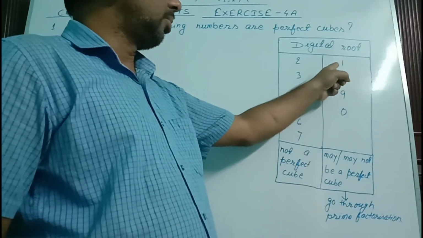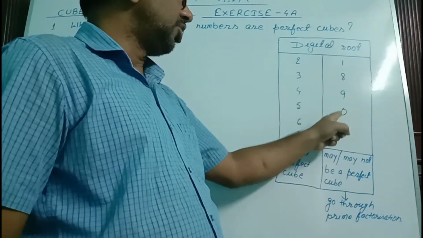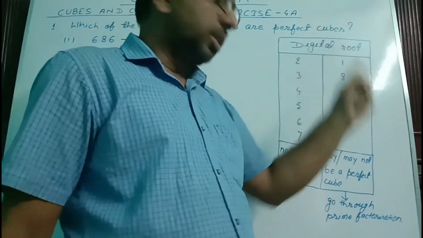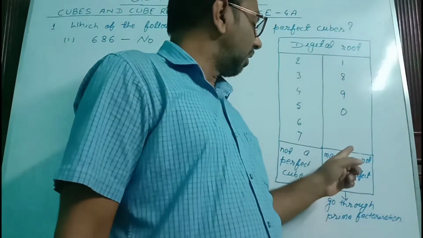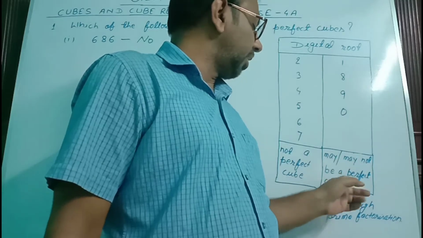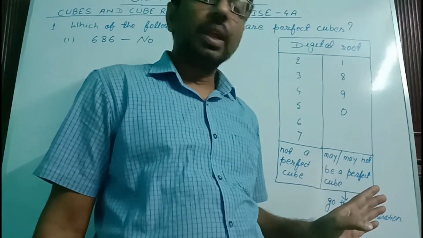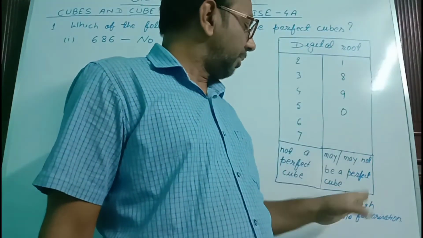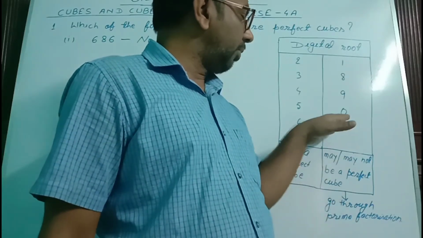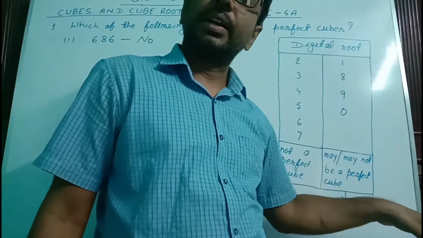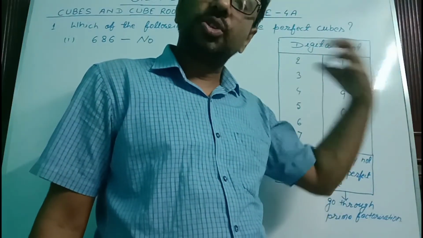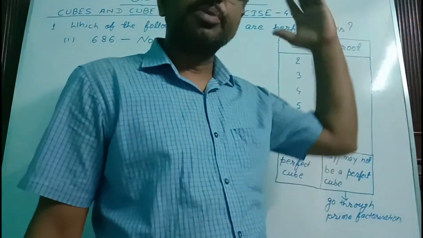But if the digital root is 1, 8, 9, 0, any one among these four, then we can't be sure. The number may or may not be a perfect cube. And if this type of digital root is coming, then we have to go only for those numbers through prime factorization to be sure about our result. Let us see a few more examples.